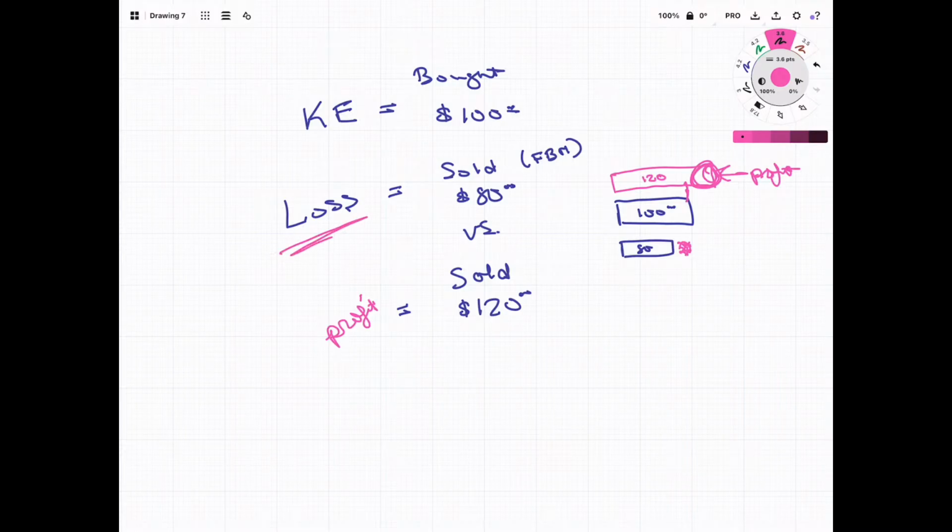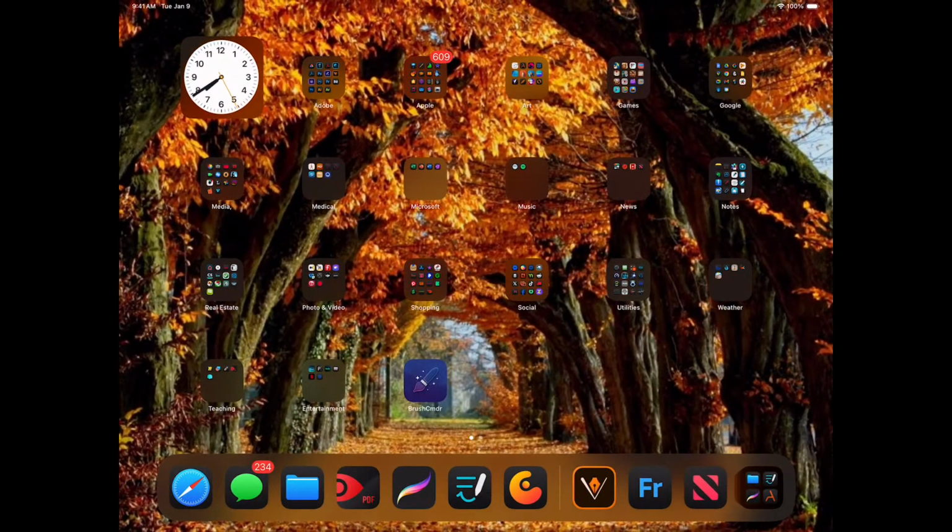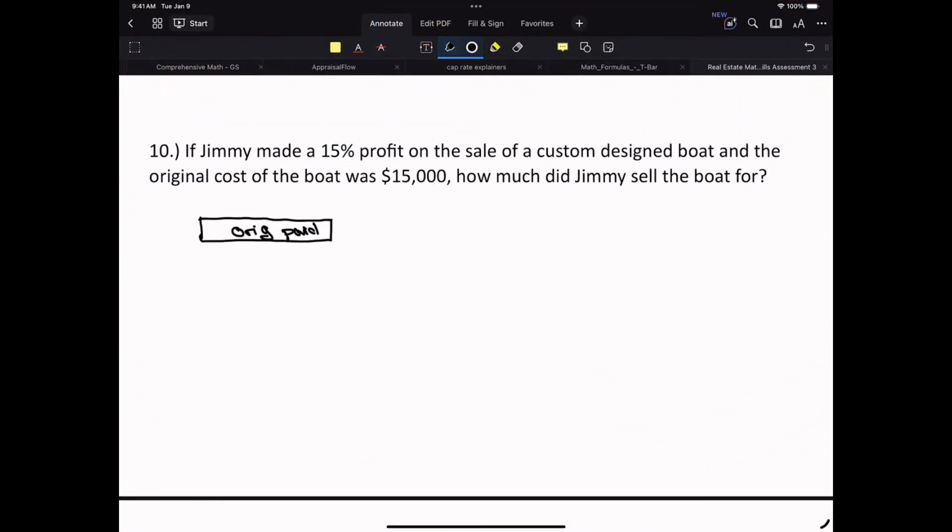So we all understand loss: it means you got less than the original, whatever you originally paid. And we know profit is when you sell it for more than you originally paid. If we understand that, we can do this problem. So again, Jimmy bought this boat, I want it purple, for $15,000.